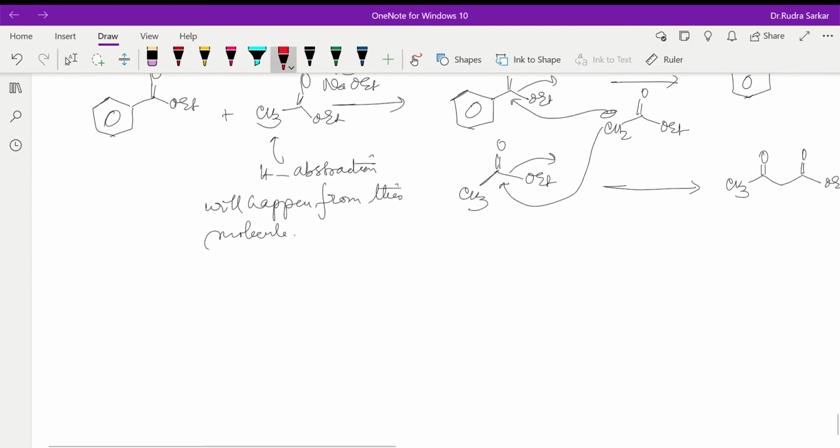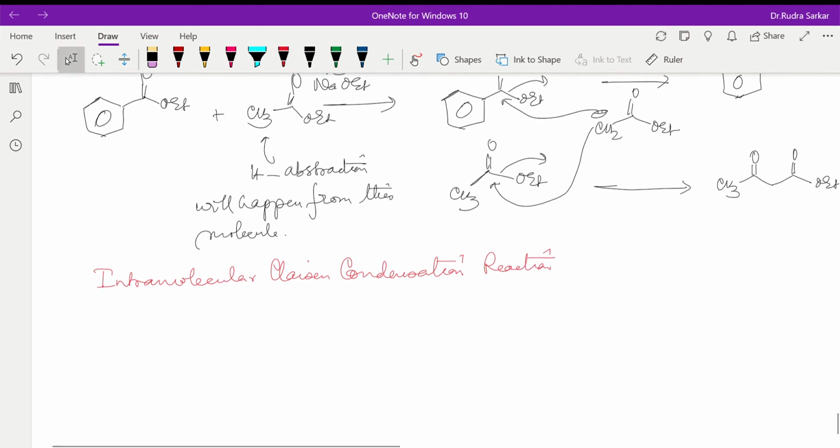Next, we will be discussing the intramolecular Claisen condensation reaction. This is also called the Dieckmann condensation reaction.